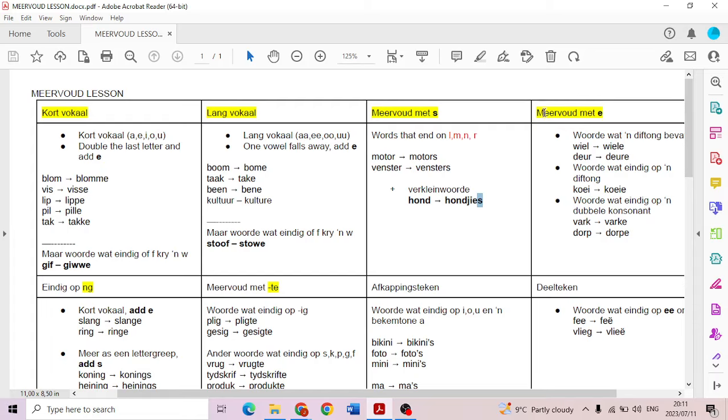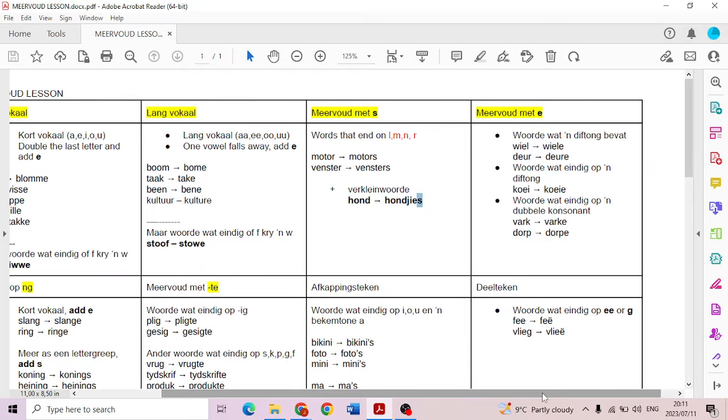Next, we're going to look at meervoud met E-R. There are 3 rules here, and I would love it if you would study all 3 rules because all of them apply, right? So the first one is words that contain a diphthong. So diphthong, remember, in our pronunciation chart, is line number 3 and line number 4.